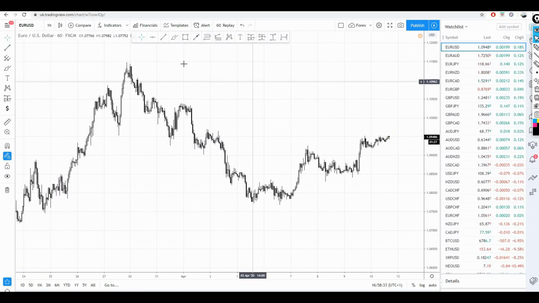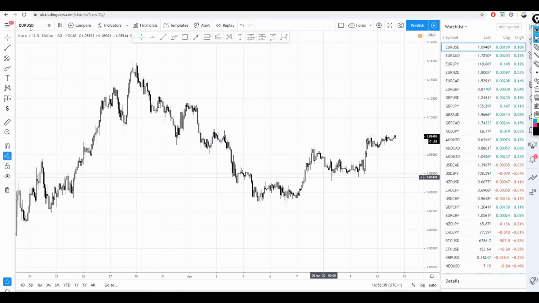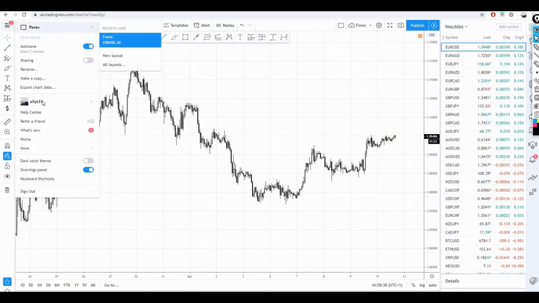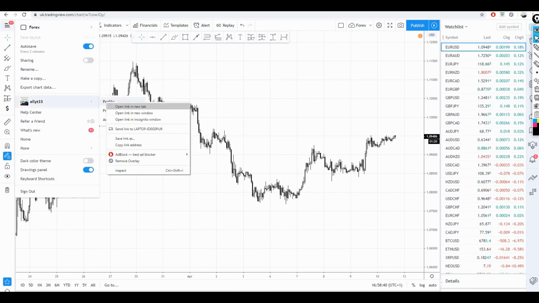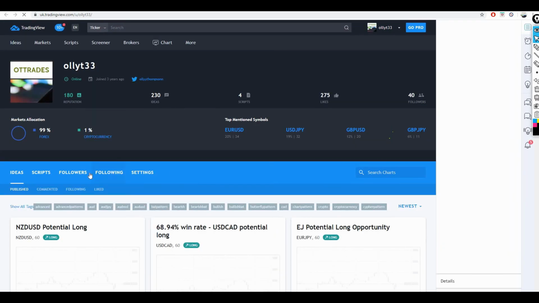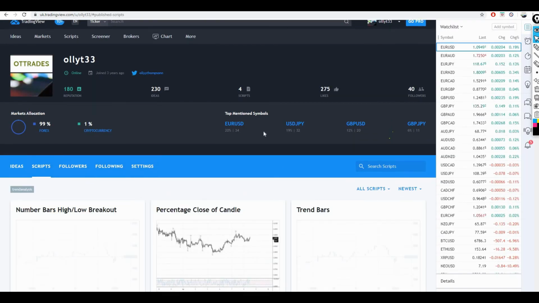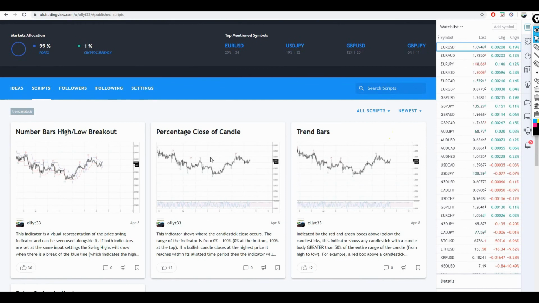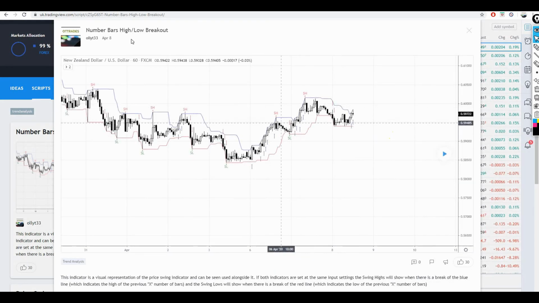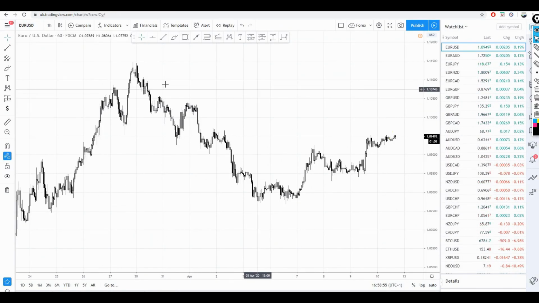So going back to TradingView, I have actually published some scripts on my profile, and that zigzag line is effectively just a different way of visualizing this. So this script here, number of bars, high, low, breakout. I'm not going to discuss that here, I'm going to apply it to the chart.